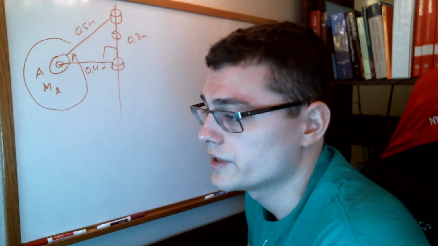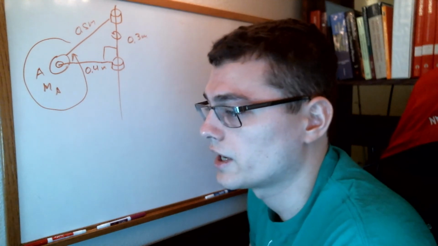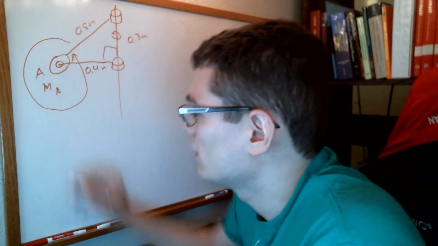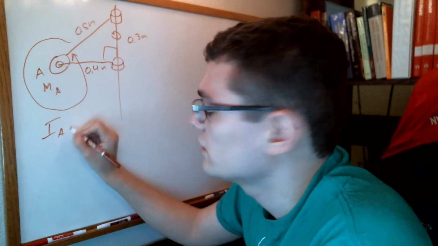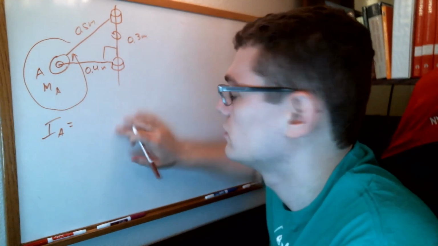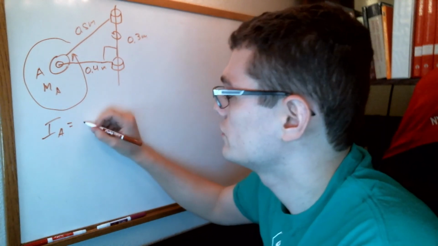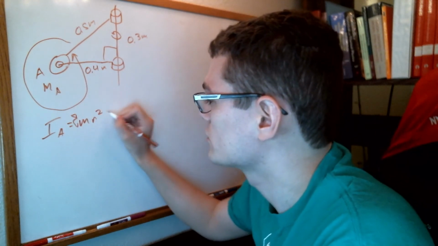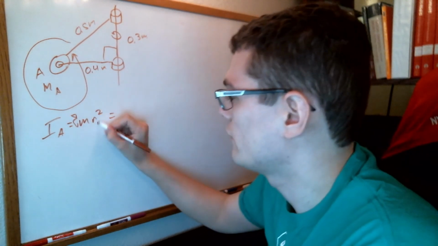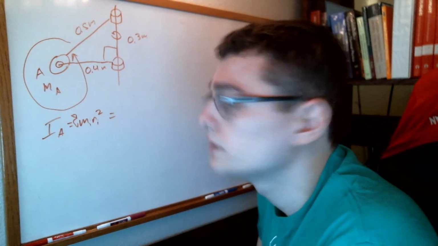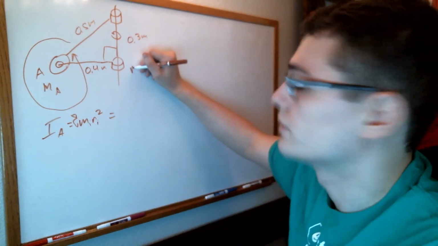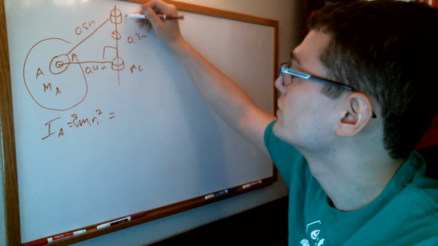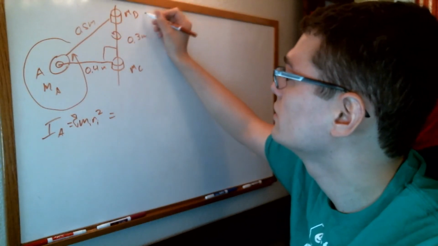So then in this case, we're going to have that I_A is going to be equal to these two, and so then we're going to have sigma m r squared. This is going to be m_C, and this is going to be m_B.